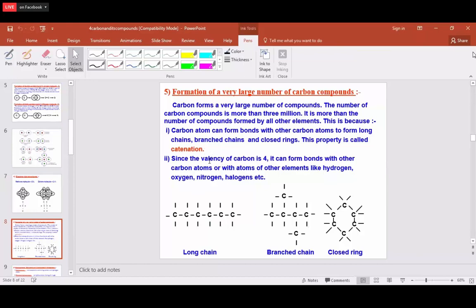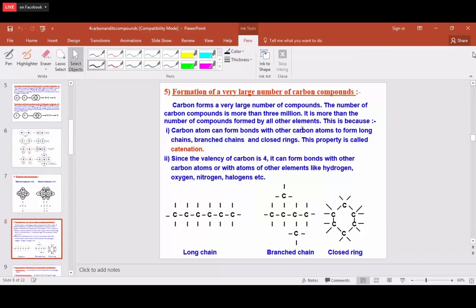Catenation means it can make a very long chain. For example, polymers like polythene and polypropylene contain more than 300 to 500 carbon atoms. It's a very big chain, with very high molecular weight. Carbon is the only element that can make catenation.